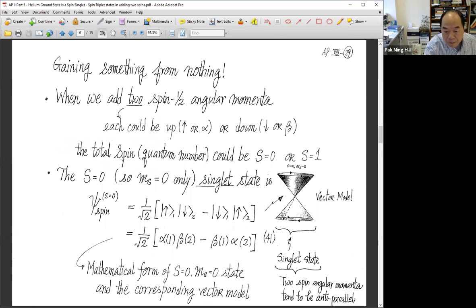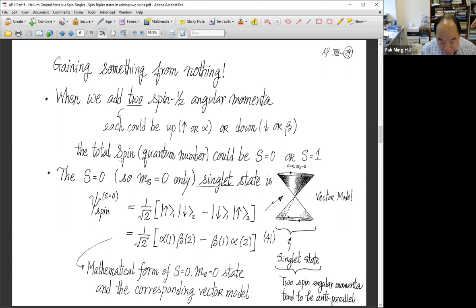But we will not stop the discussion here, all right? Because we have the other three states that we call spin triplet. It may be a good place here to find out what the three triplet states refer to in terms of up, up, down, down, and another possibility, up, down, plus down, up.